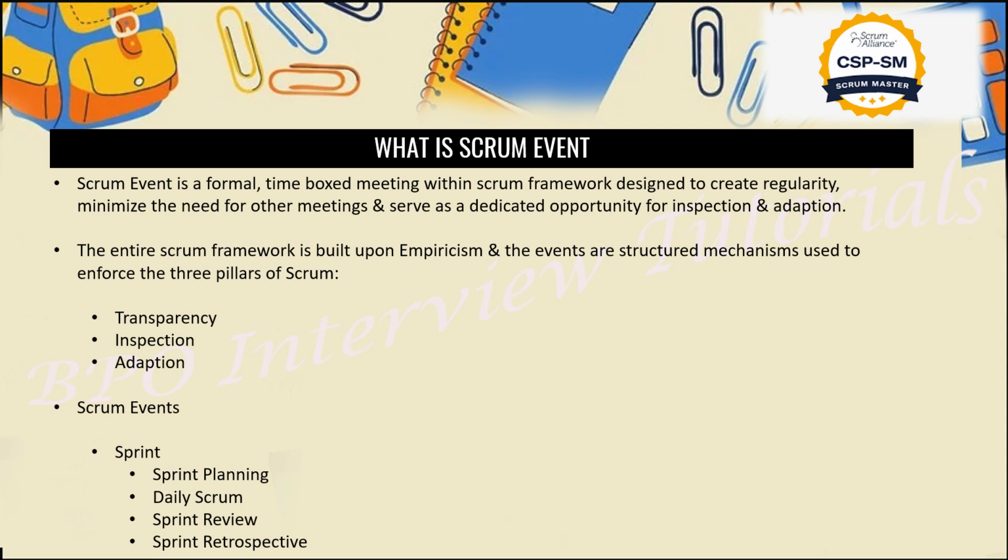Before moving to the events, what basically does a Scrum team perform during their work? We will first understand the meaning of Scrum event. Let me go to a basic example here. For example, there is a product owner. He wants some product, and he came up to a developer team or any team. Now if we want to close that particular product on time, we basically need to follow some process.